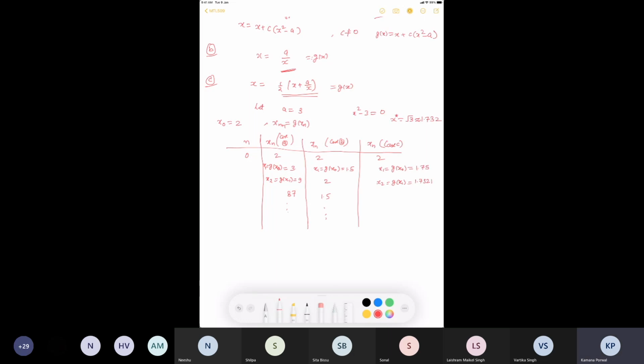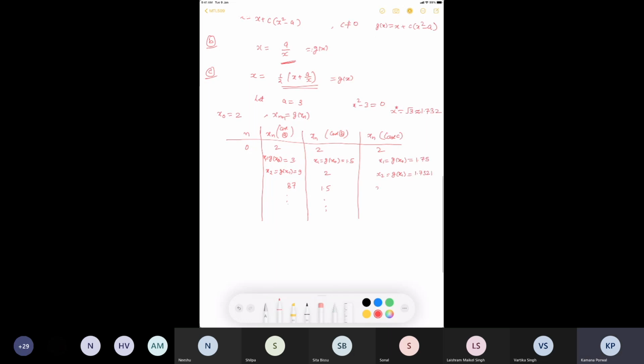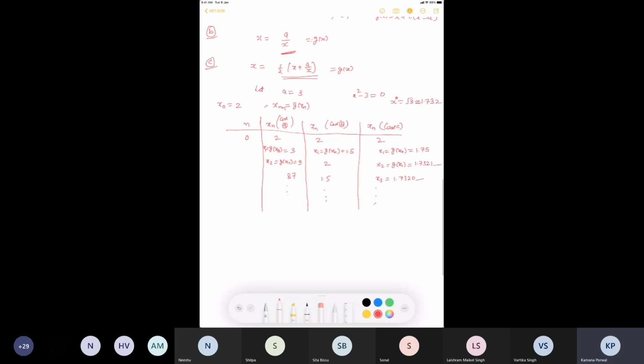And then you generate the next iterate, x3 will be 1.7320, and further entries will be there. And likewise, you can generate the other iterates.